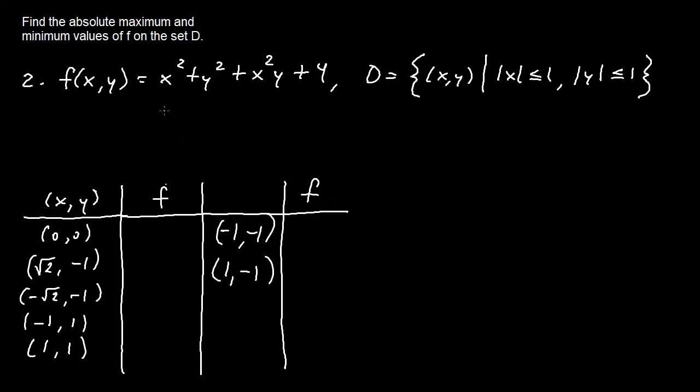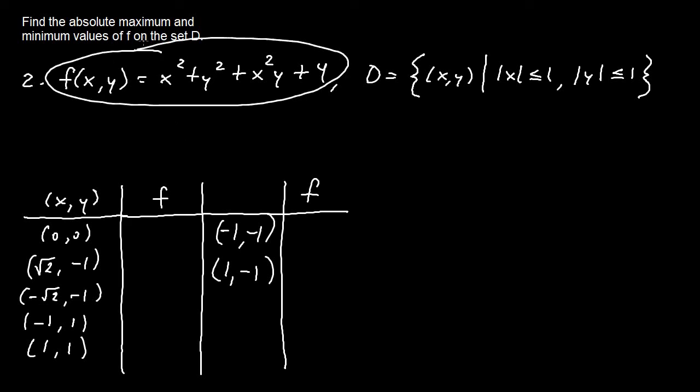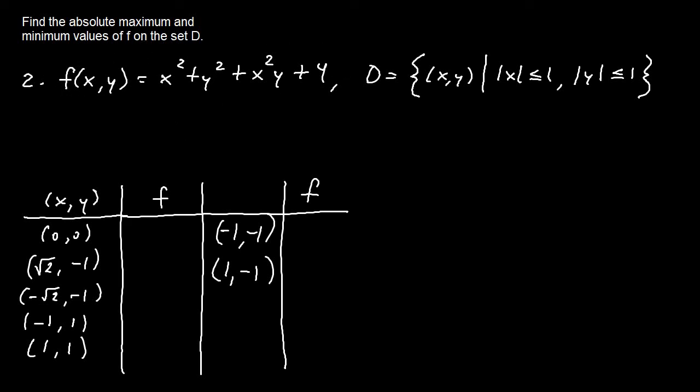Now let's find the actual value of the function when plugging in all these points. If I start by plugging in (0, 0), we'll get 4. Now if I plug in (square root of 2, negative 1) into the function, we get square root of 2 squared, which is 2, plus 1, plus 2 times negative 1, so negative 2, and then plus 4.